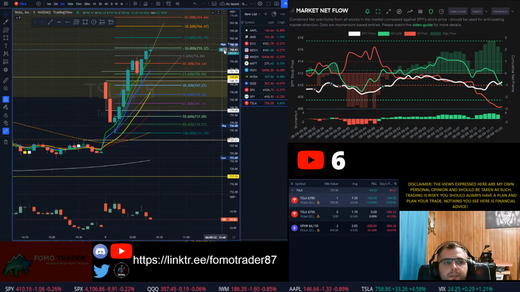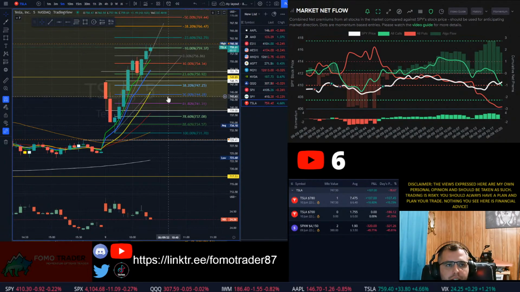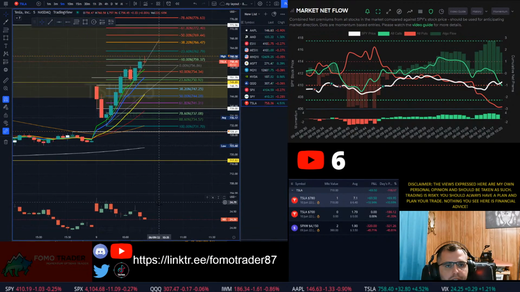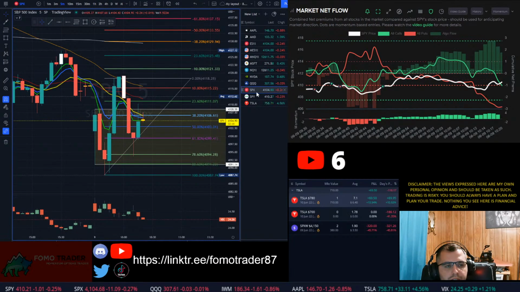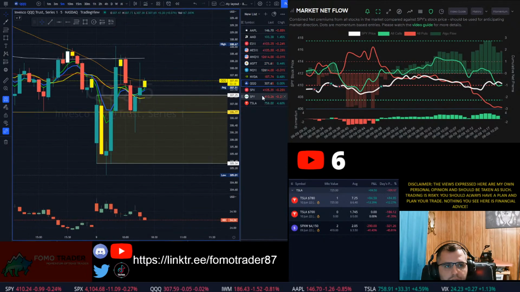Come on, Tesla bulls. And it looks like we're going to double top here unless we get a nice push. We got about 3 minutes left on this candle. Everything else just kind of consolidating in its orb, waiting for tomorrow for CPI.